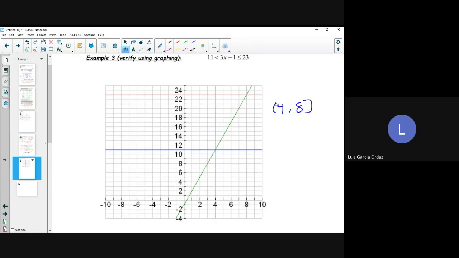So this is the interval we are looking at. As you can see, when x is 4, here's our open dot, okay? It is bigger than 11, which is true because this is 11 and it keeps getting bigger. But when x is equal to 8, the values are less than or equal to 23.